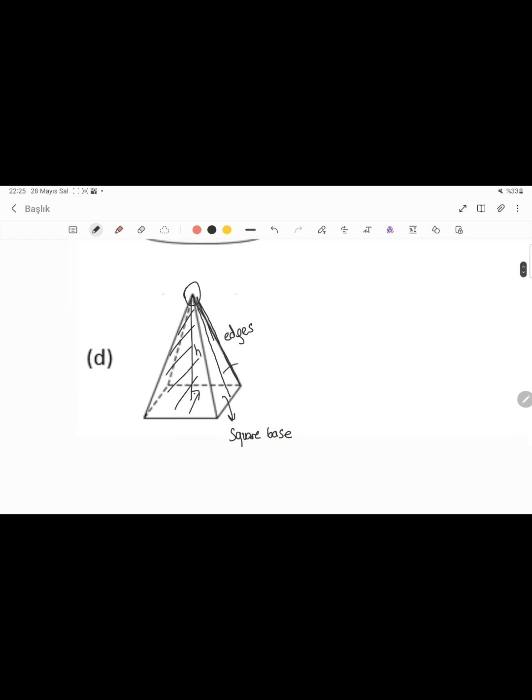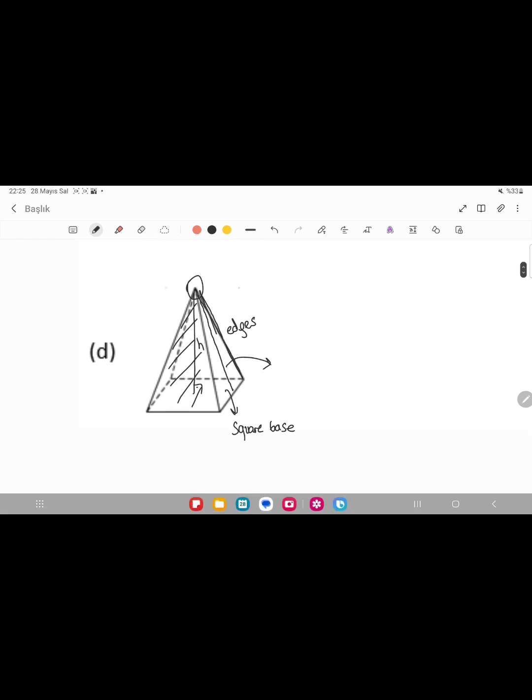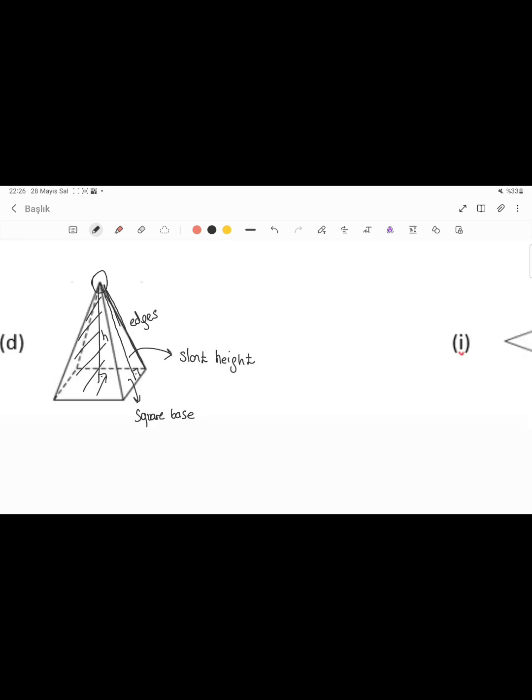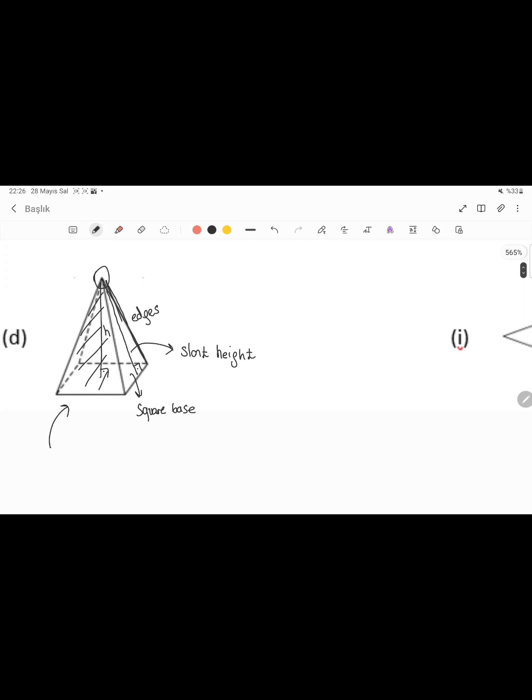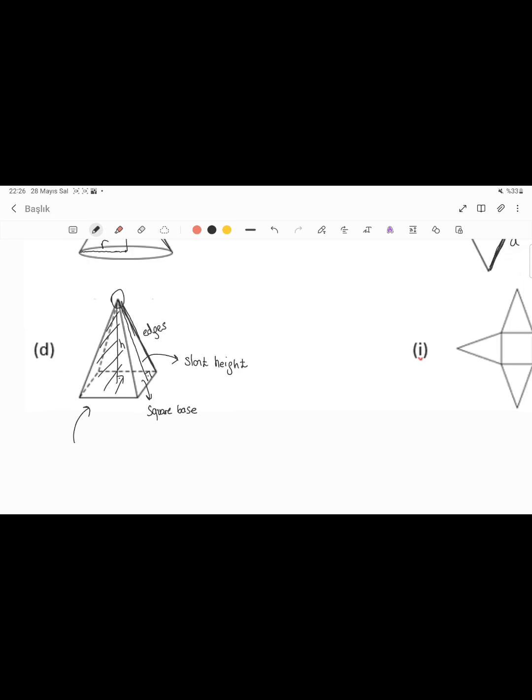Finally, slant height. It's named according to the shape of the base. For example, this shape is a square pyramid.